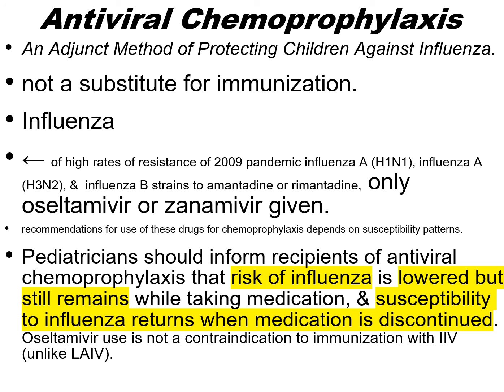Antiviral chemoprophylaxis. Only oseltamivir and zanamivir given. Risk of influenza is lowered but still remains, and susceptibility to influenza returns when medication is discontinued.